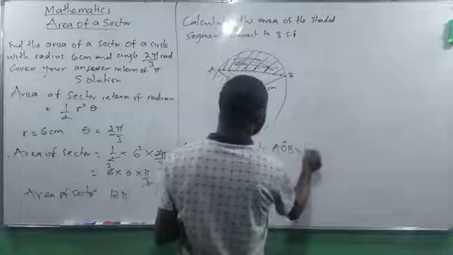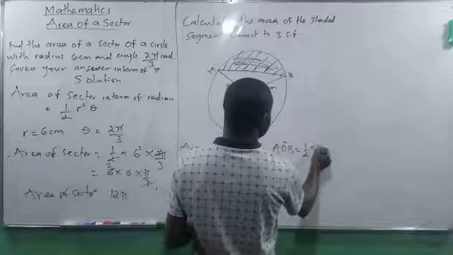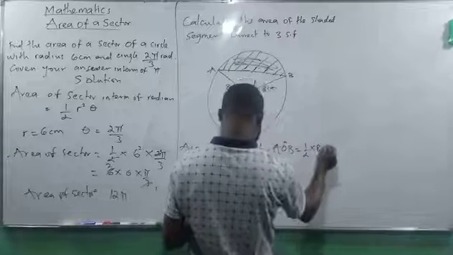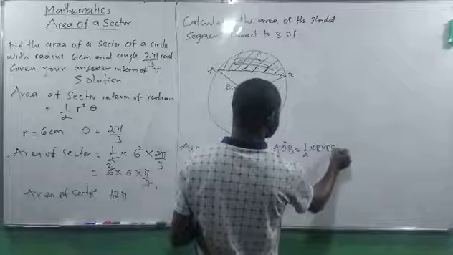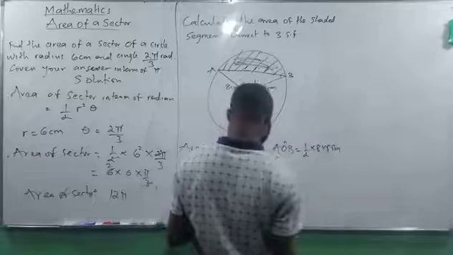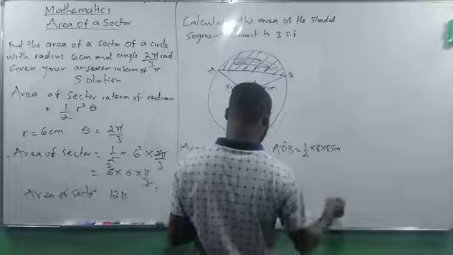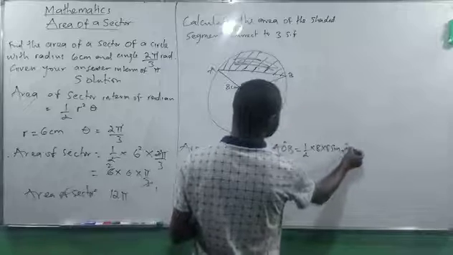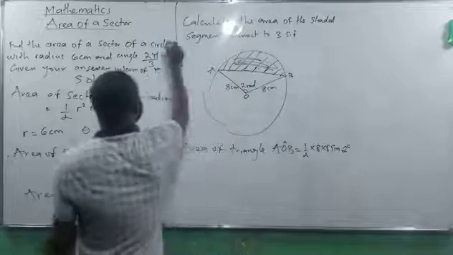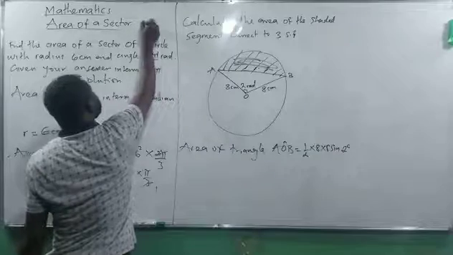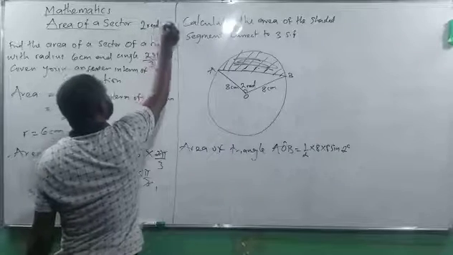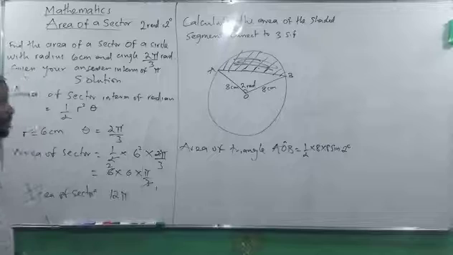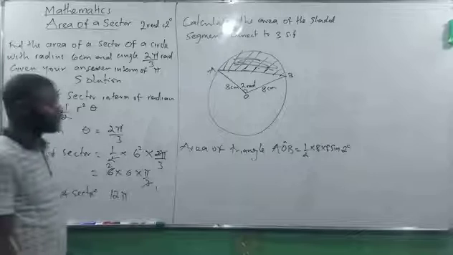It will be equal to 1/2 base times height times sine theta, which is 2 rad. I can write my rad like this because I've told you that I can write my rad 2 rad, also the same as 2 raised to power c.